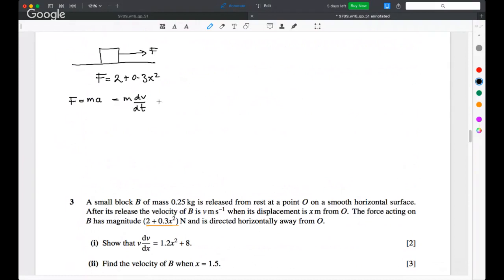Now we want dv dx, so we just apply the chain rule. dv dt is dv dx times dx dt. Well, what is dx dt? It's just v. So you equate those two, you divide by the mass, you get this expression here. That's all.